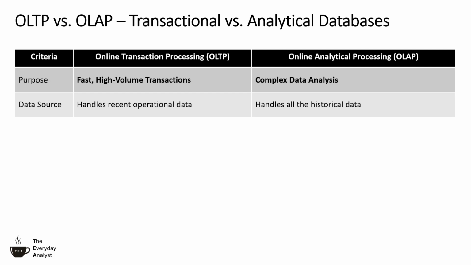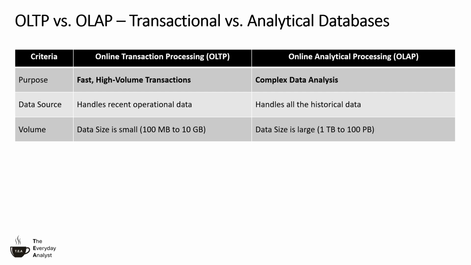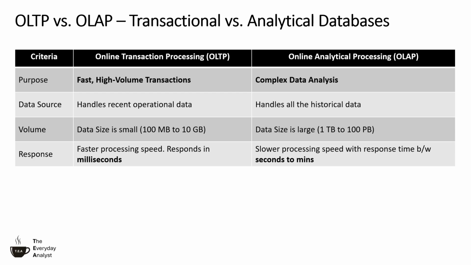Therefore, there is a huge difference in the size or volume of data that they operate on. OLTP systems typically have a volume of a few hundred MBs to a few GBs versus a few TBs to petabytes in OLAP.